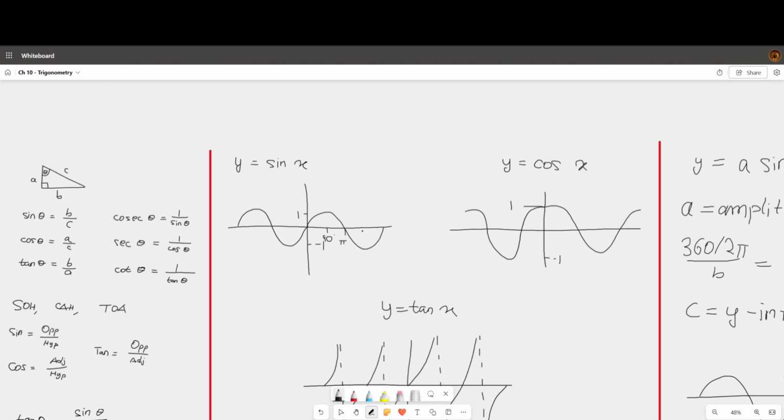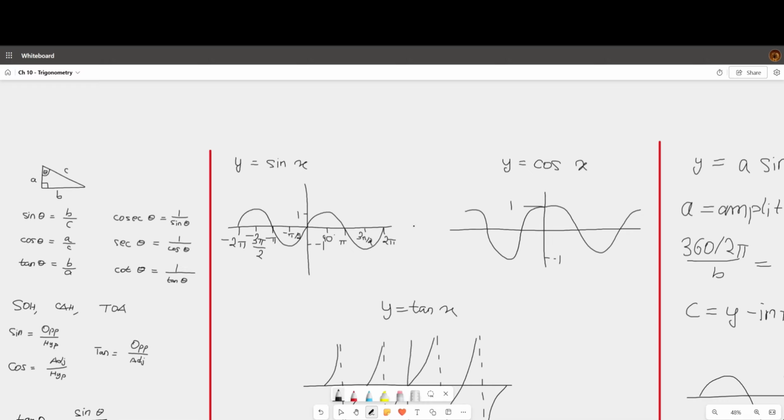So sine pi is 0. Then we've got 270 degrees, or 3 pi by 2. That gives you -1. And then 2 pi here gives you 0 back again. Then obviously you've got the negative side, so minus pi by 2, minus pi, minus 3 pi by 2, and then minus 2 pi.